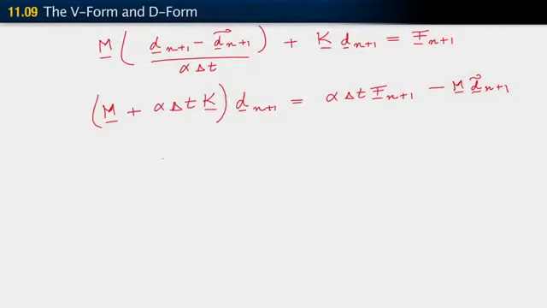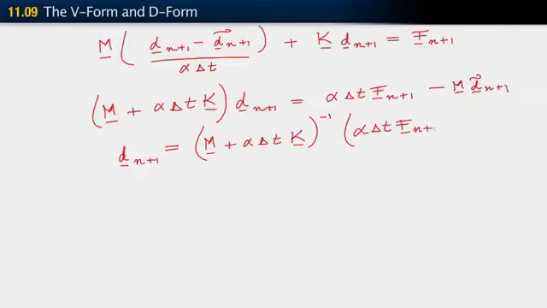So this would be the D form, and now what we get here is d n plus 1 equals the inverse of m plus alpha delta t k, times alpha delta t f n plus 1 minus m d tilde n plus 1.